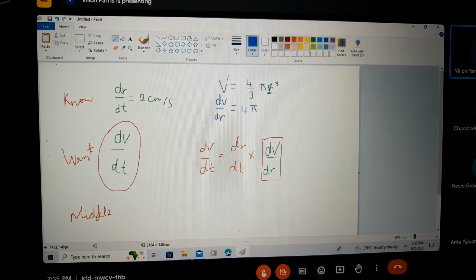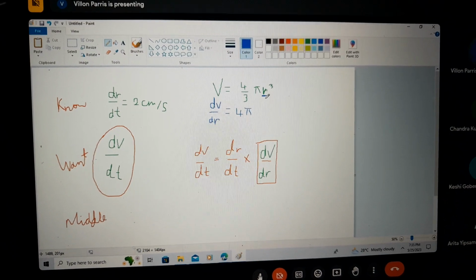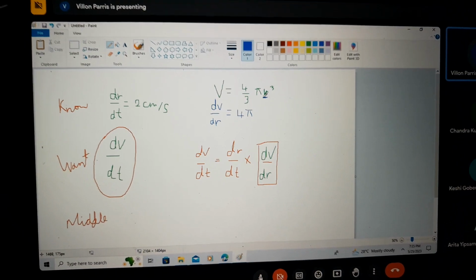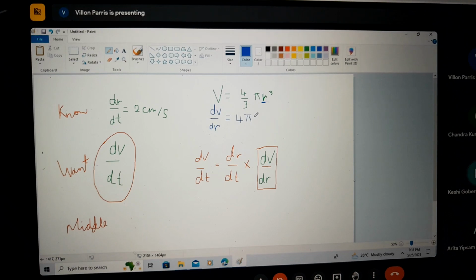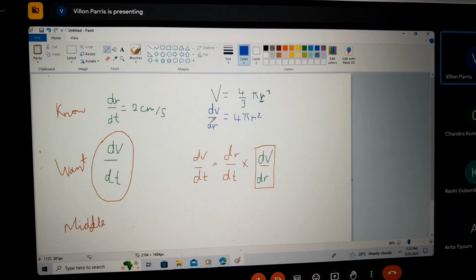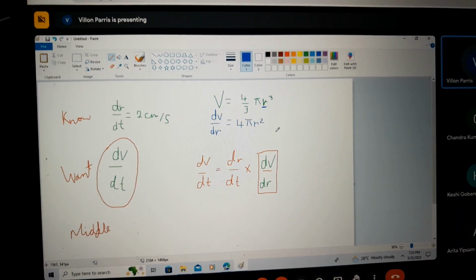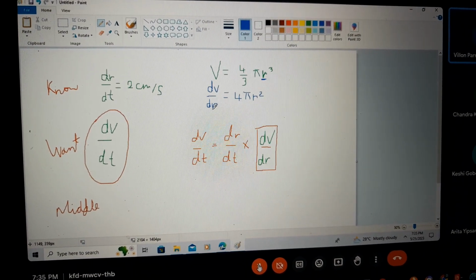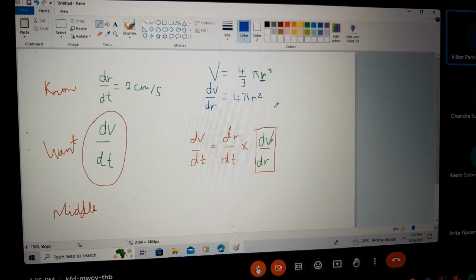And what do I do with my power 3? Differentiate, sir? No, I'm differentiating already. So I multiply by the power 3. So what's the next thing to do after I multiply by the power? Minus 1. So it will be r squared. So this here is my dv dr. 4 pi r squared. So when I differentiate my volume formula, I get my volume with respect to r. So that's my dv dr that I want here now.